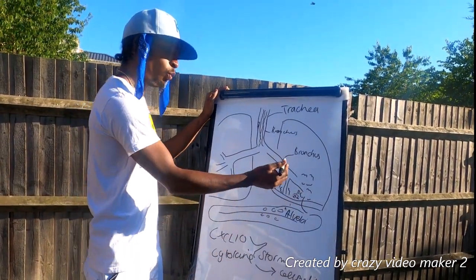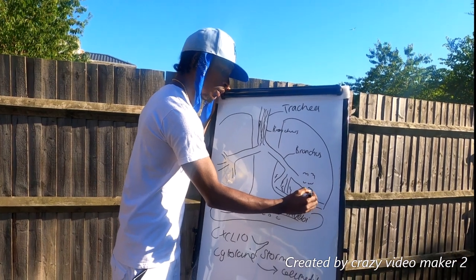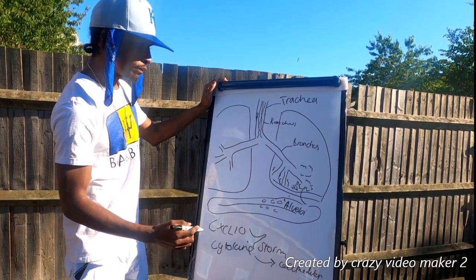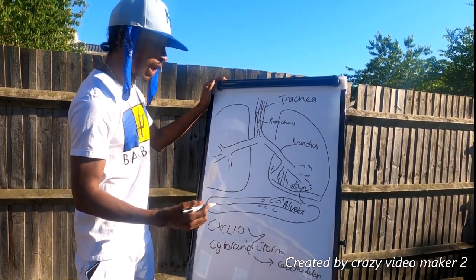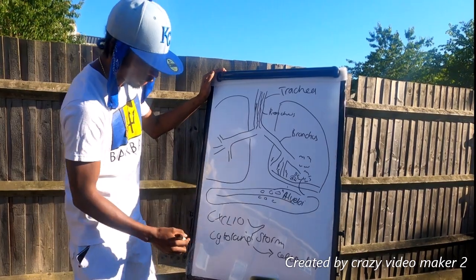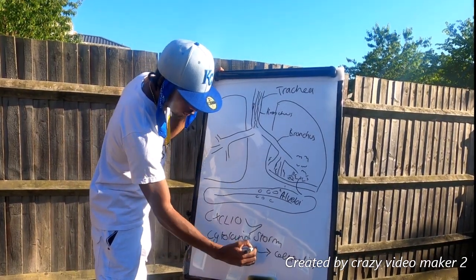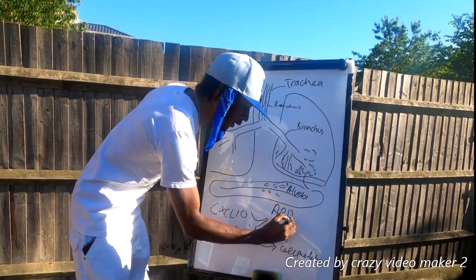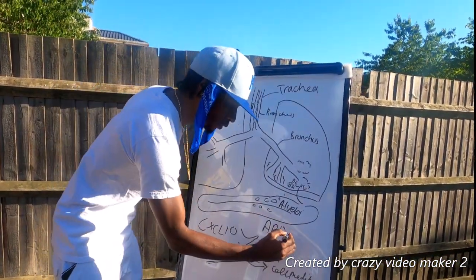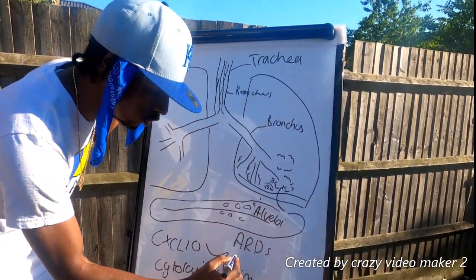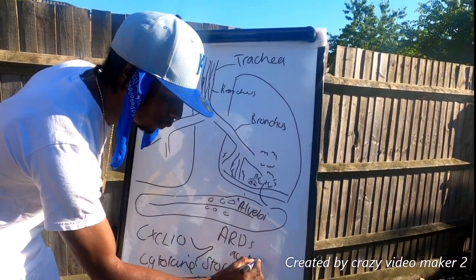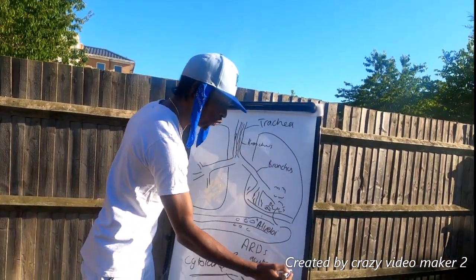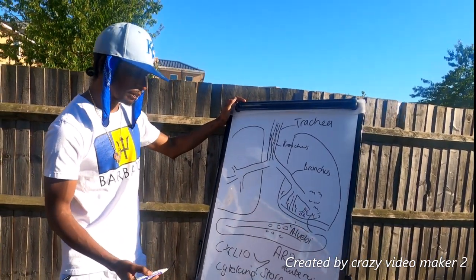This is what causes the shortness of breath, making it hard to breathe, and in severe cases, especially with the cytokine storm, it causes ARDS, which is acute respiratory distress syndrome.